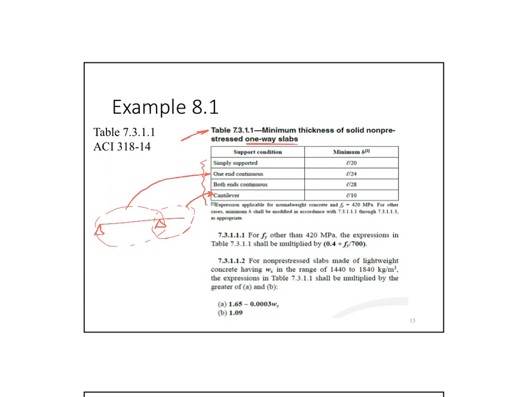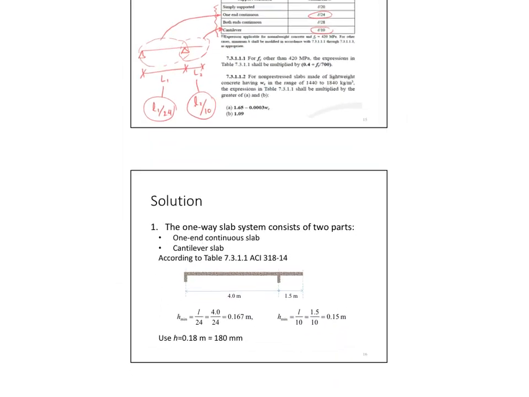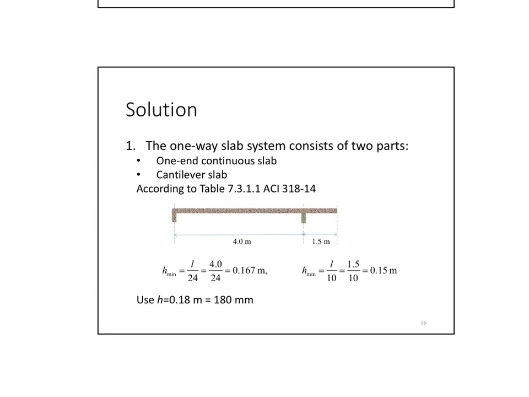Then in this case, I will have to compare two numbers. L over 24, but in this case it will be this L, L1. So L1 over 24 will give me a number, and then I compare it to L2 over 10. I have two numbers to compare, because the cantilever length is different than the span length.